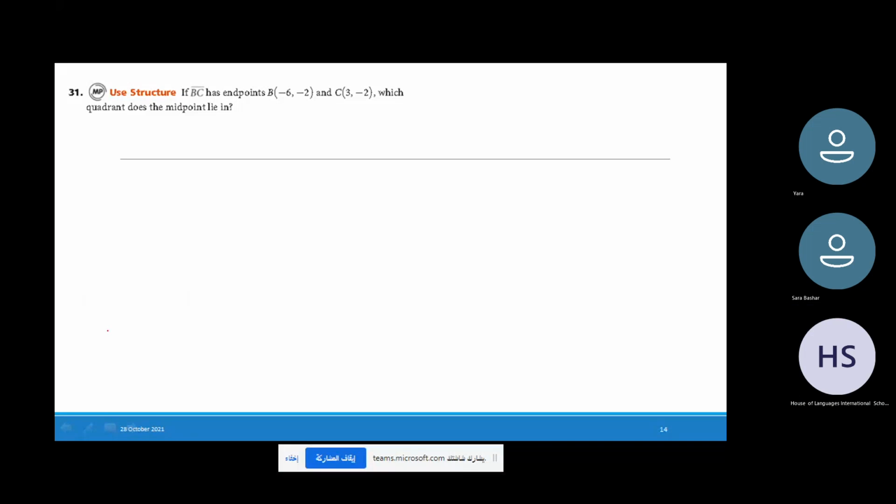There's BC. Which type of line is this? Is it a ray, a line segment, or a line? Line or line segment?